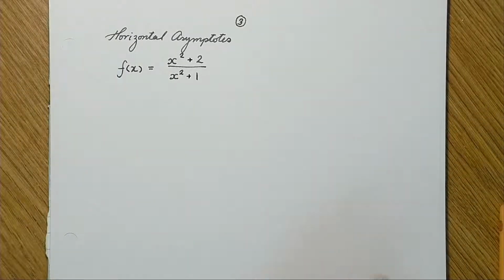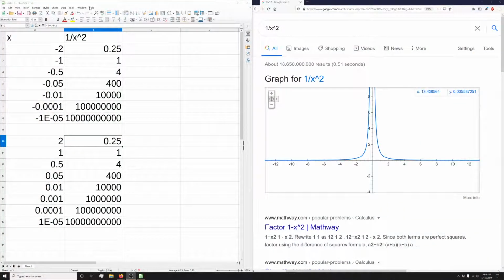Okay, and what I'm going to do is switch over to using some technology. Instead of using the 1/x, I'll use x squared plus 2, and it's going to be divided by x squared plus 1. There we go.